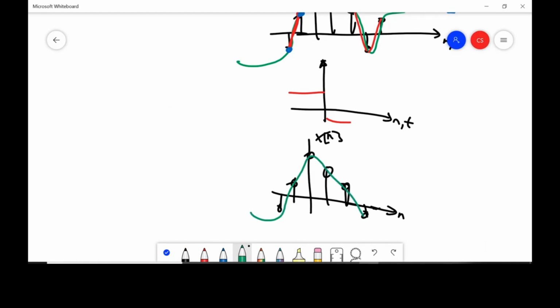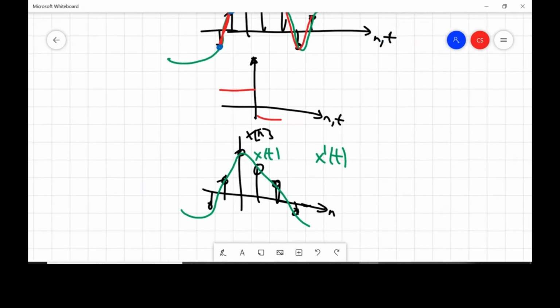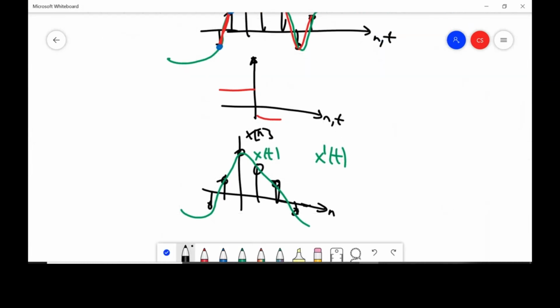So we have the green curve, that is the one that is underneath. And I want to estimate what is x prime here. And we already discussed that we could approximate this by something like this.